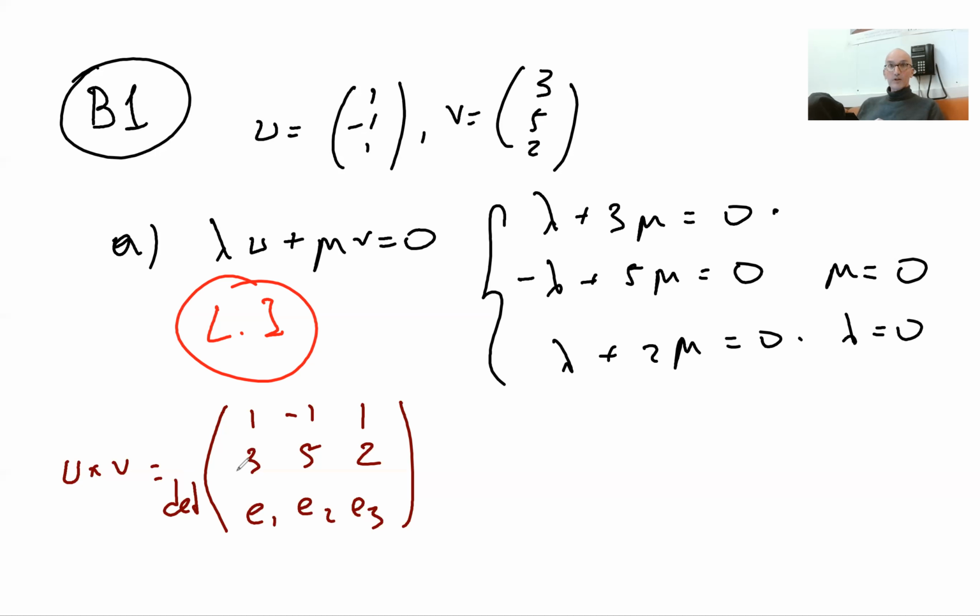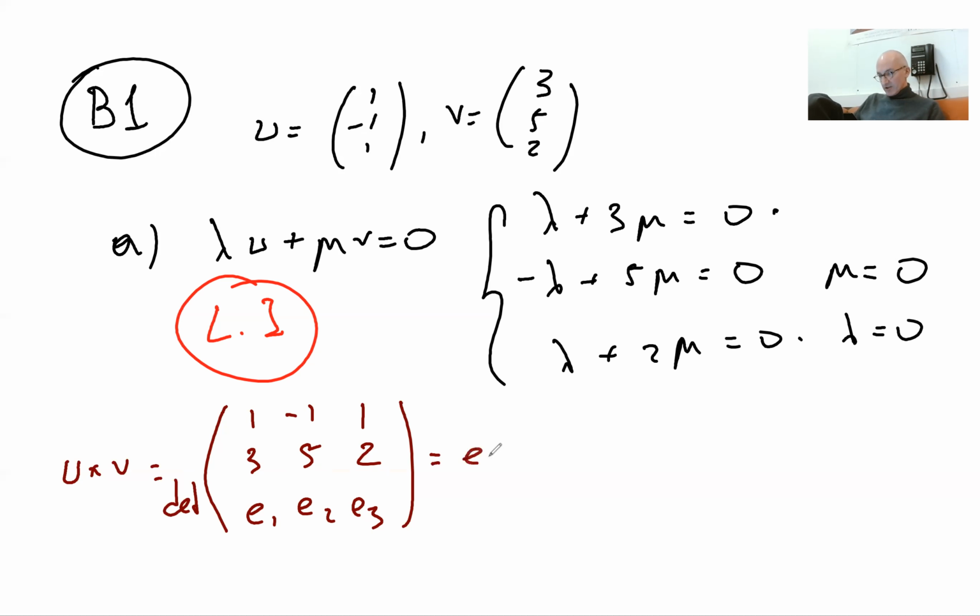Again, this is just a formal sum. It's not exactly a matrix, since here are the vectors e1, e2, e3. This is just a shortcut to memorize the formula for the cross product. At least I memorize this formula in this way.